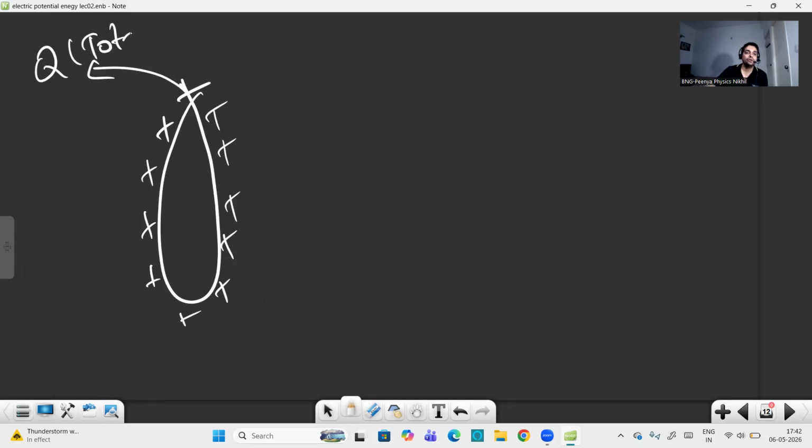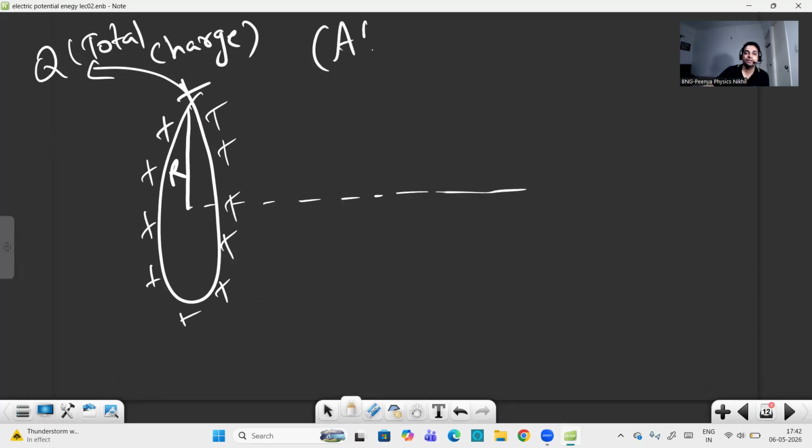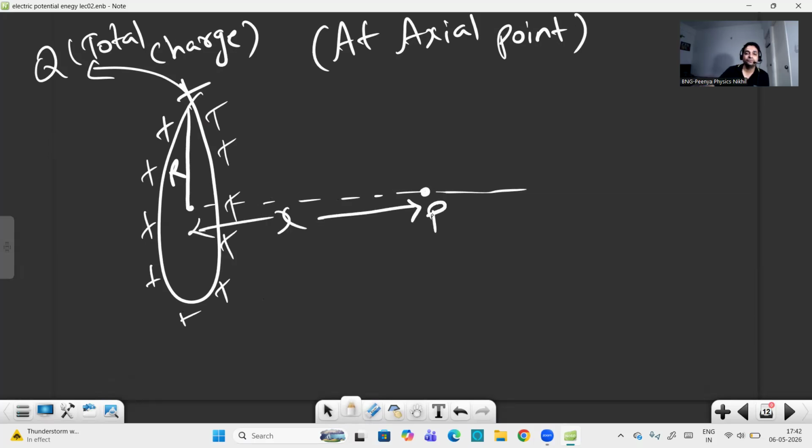Q is the total charge, and the radius of the ring is r. And I'm finding the potential at an axial point. Correct? So here, from the center, I consider the distance x of this point P.